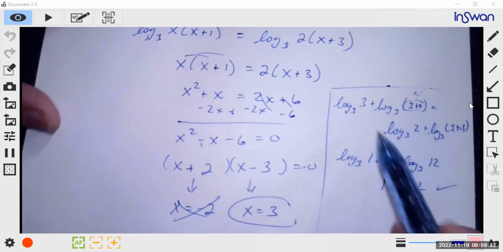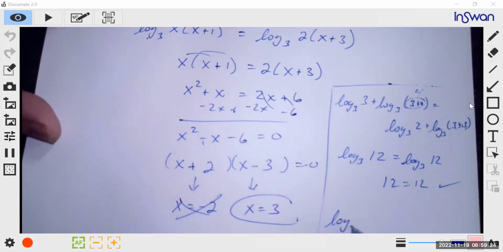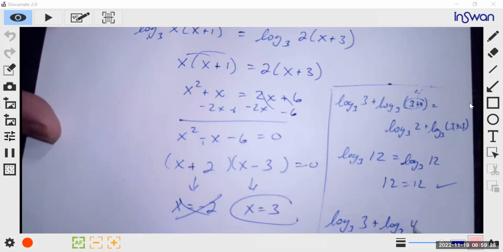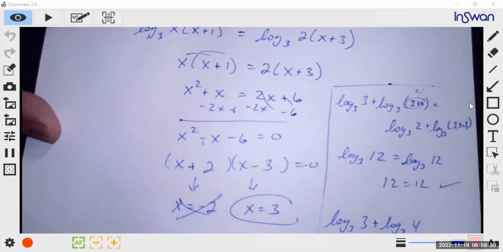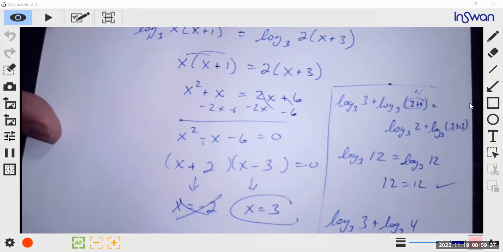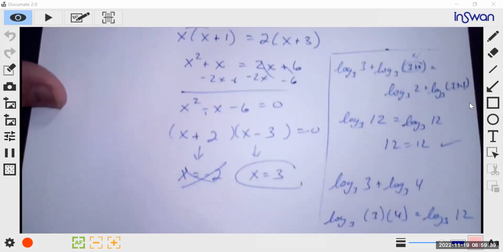Remember, log base 3 plus log base 3 of 4, since it's the same logs, and they're added, I can multiply the numbers, which is why I get log base 3 of 12.